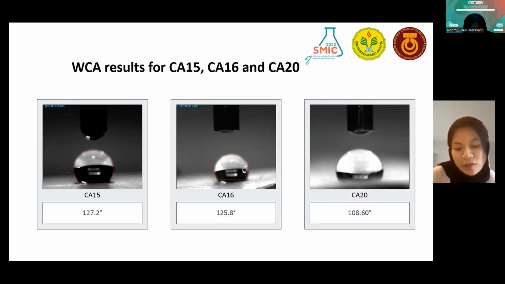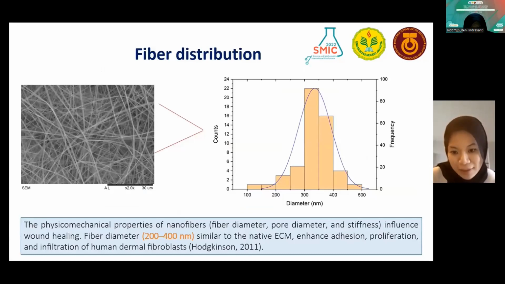And as for the fiber distribution, this is the SEM result at 2000 times magnification for CA20. The fiber distribution appears within 200 to 400 nanometer. This fiber distribution is similar to that of the extracellular matrix of our skin.